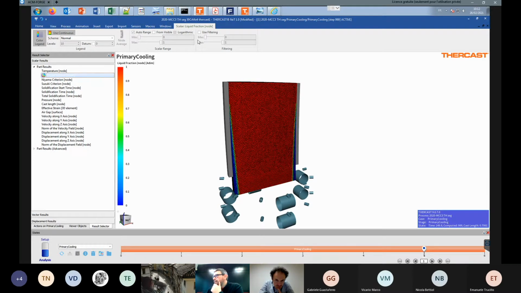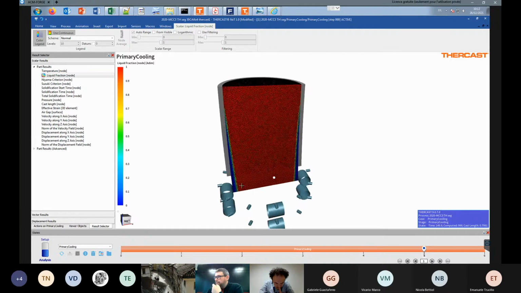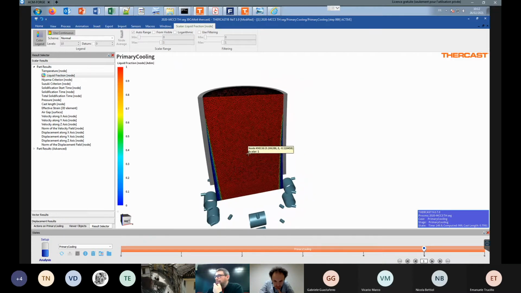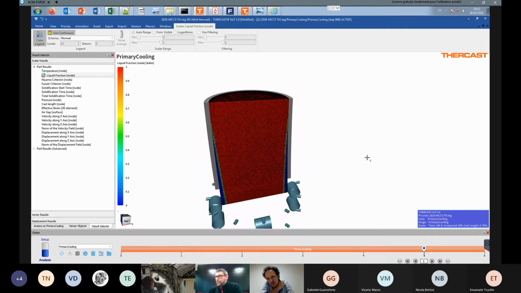So the software is Thercast, which is provided by Transvalor. You can see that there are assumptions in this calculation. For example, we are not modeling the submerged entry nozzle here.